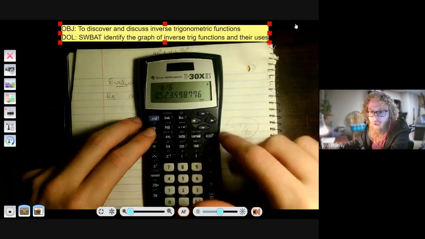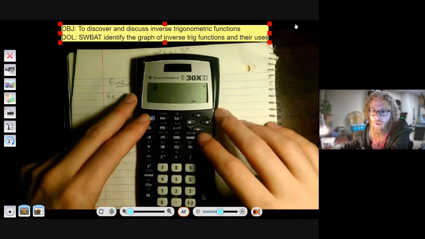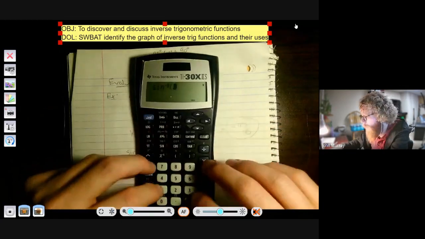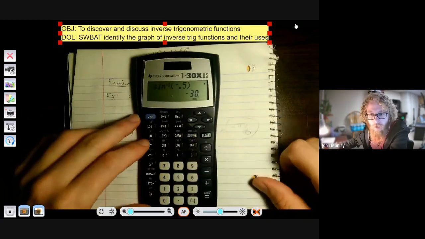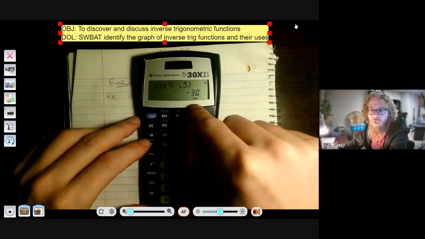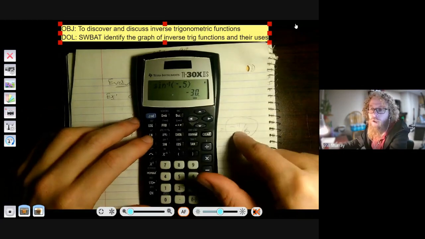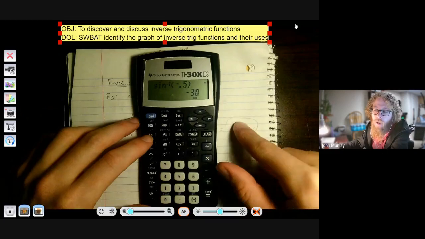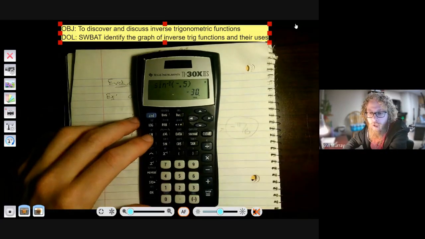I don't know that there's that connection. So let's see what happens if I'm in degrees. So if I do the inverse sine of negative 0.5, there we go. This would be negative 30 degrees. Which is what negative pi over 6 is. If I converted pi over 6 into degrees, it would give me 30.